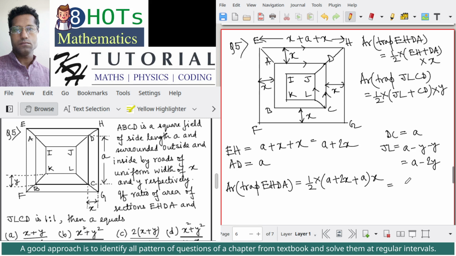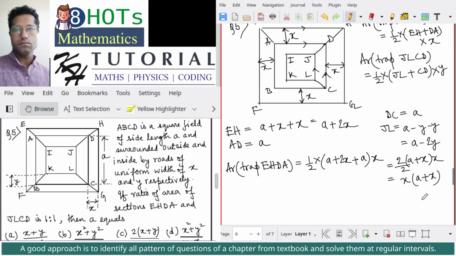After simplification, A plus 2x plus A is 2A plus 2x. If we take 2 common factor out, it will be A plus x, and with the half, this is x into A plus x. This is the area of the trapezium EHDA.